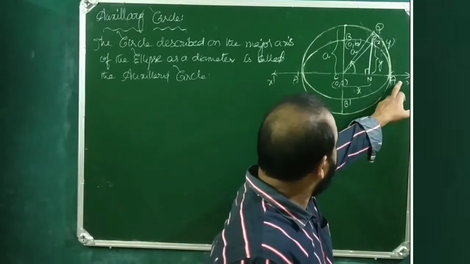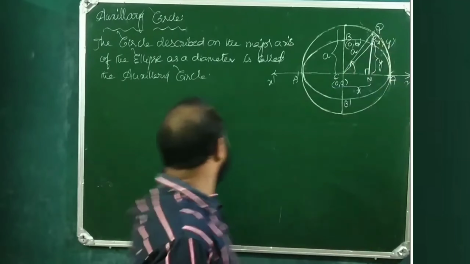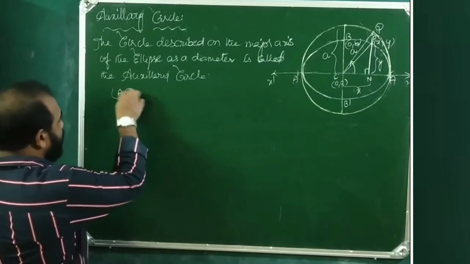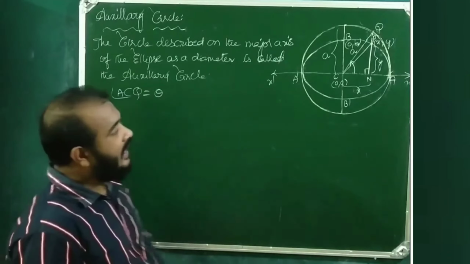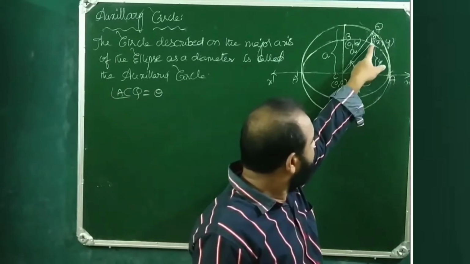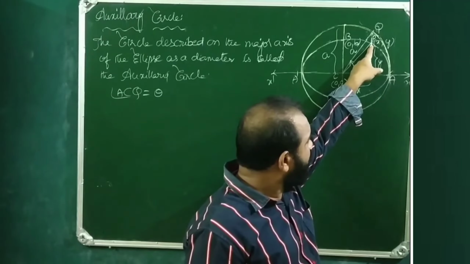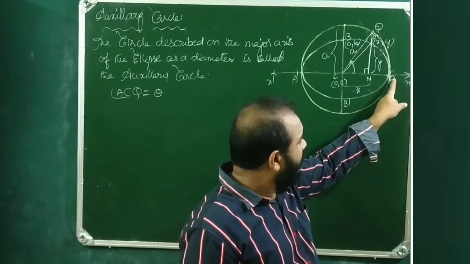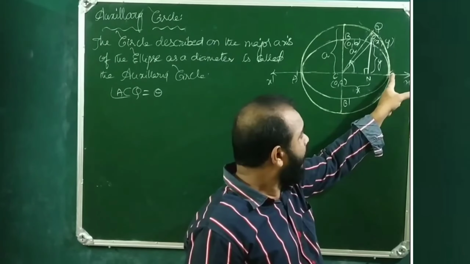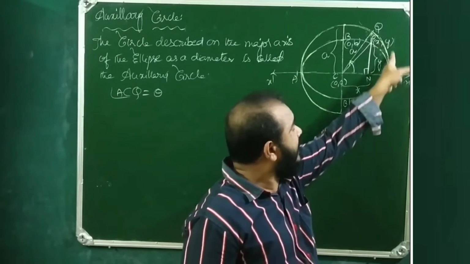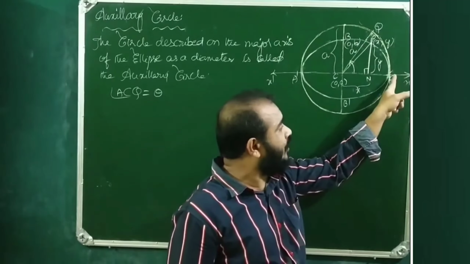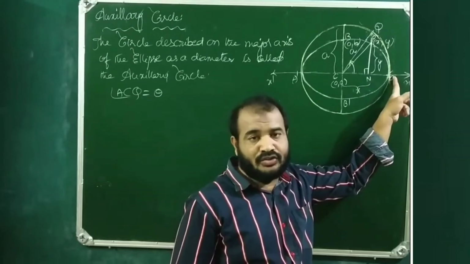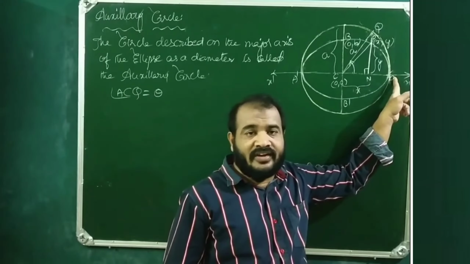So here angle ACQ is equal to theta, which is called the eccentric angle. If you start with A and move this P in an anti-clockwise direction and again reach A, then this complete revolution is 360 degrees.